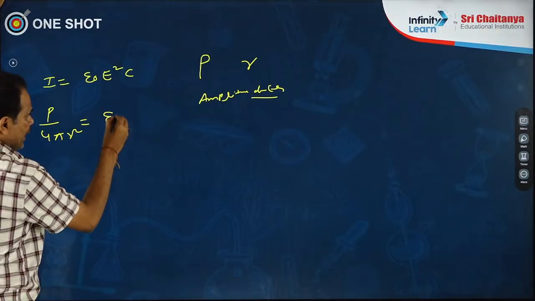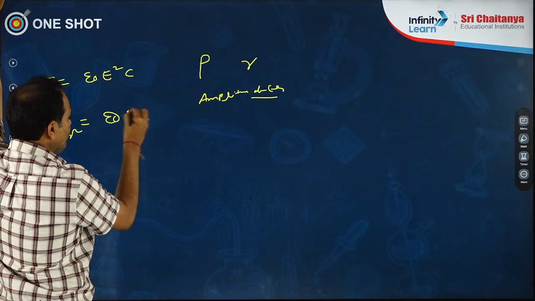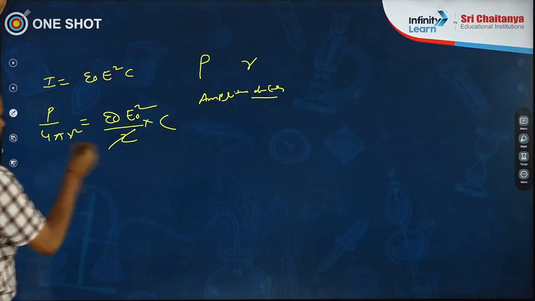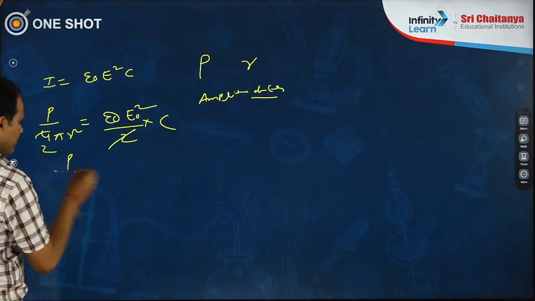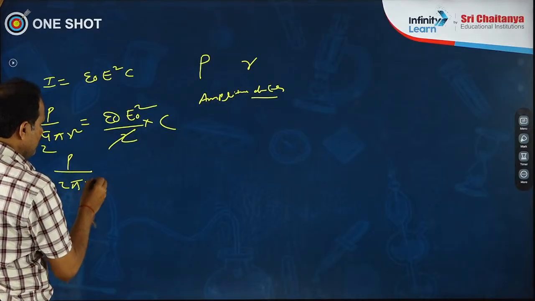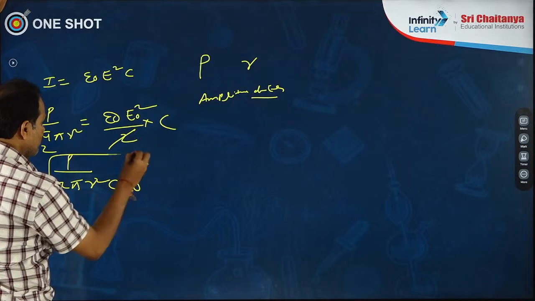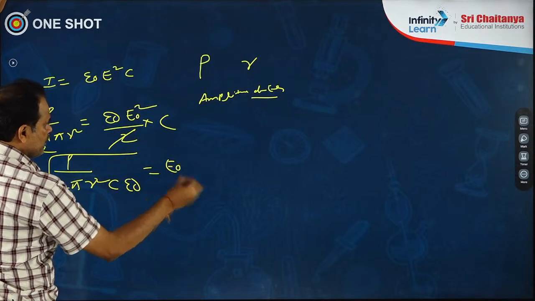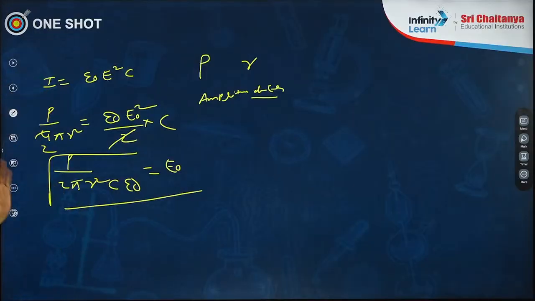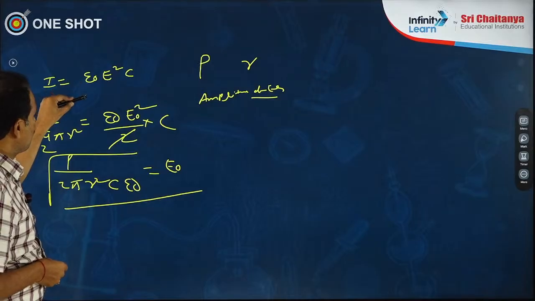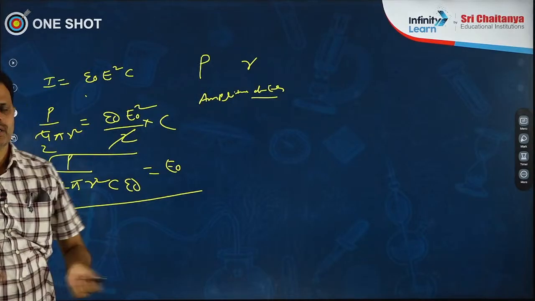Since they are asking amplitude, we write E naught square by 2 into C, this 2 times, that is P by 2 pi R square by C into epsilon naught, under root, that is E naught. If just the electric field is asked, P by 4 pi R square is epsilon naught into E square into C.